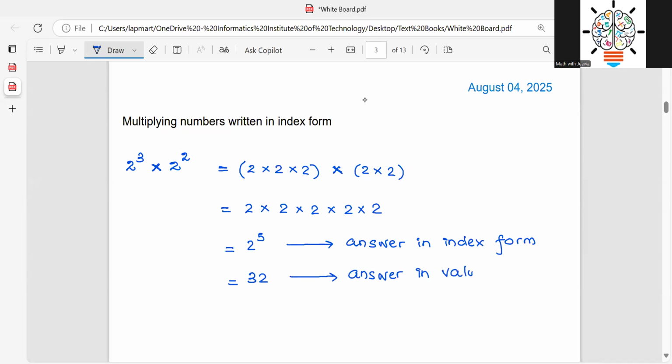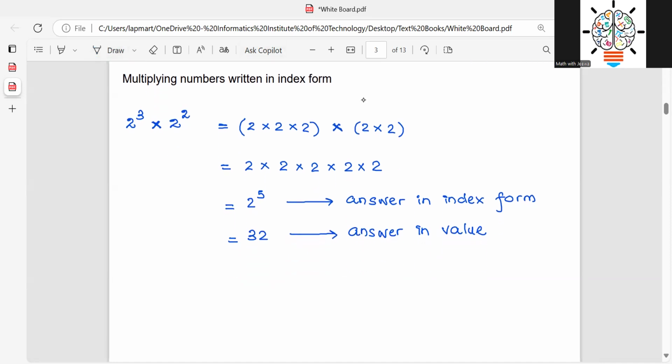Now you just tell me, children, that if you have 2 to the power 7 and 2 to the power 8, are you going to write it out 2 times, 2 times, 2 times, 2 times? It is difficult, right? So there should be a proper method to do this when you have something like this.